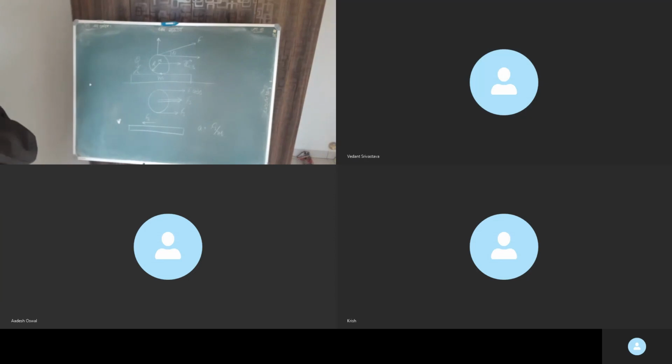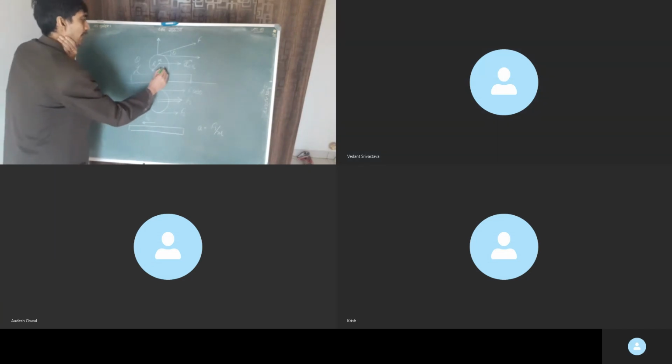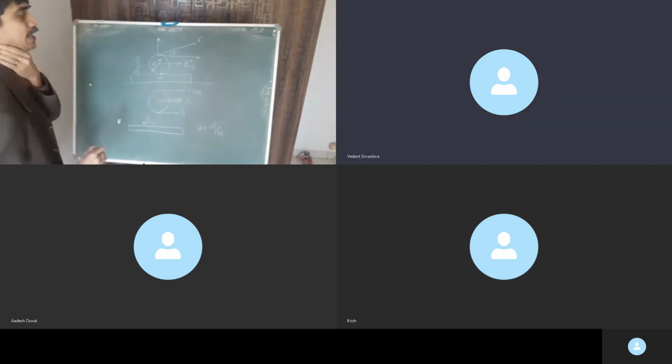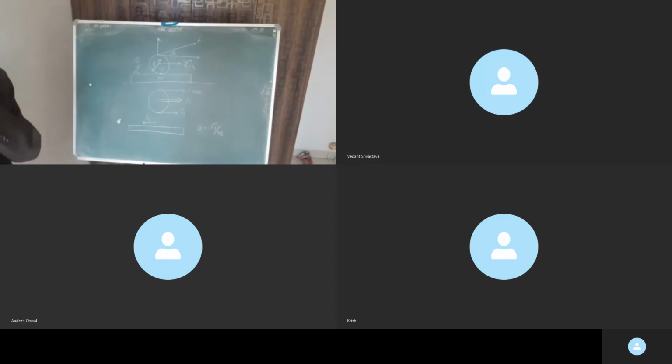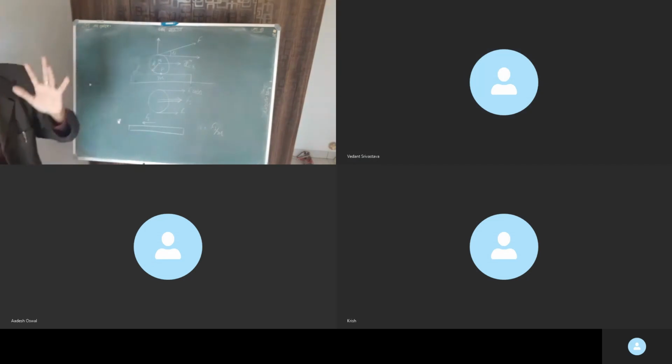So what will be the acceleration of this point as seen by you? Look at point P. You want to write an equation for acceleration of P, and you are viewing from the plank. I will tell you from both sides.